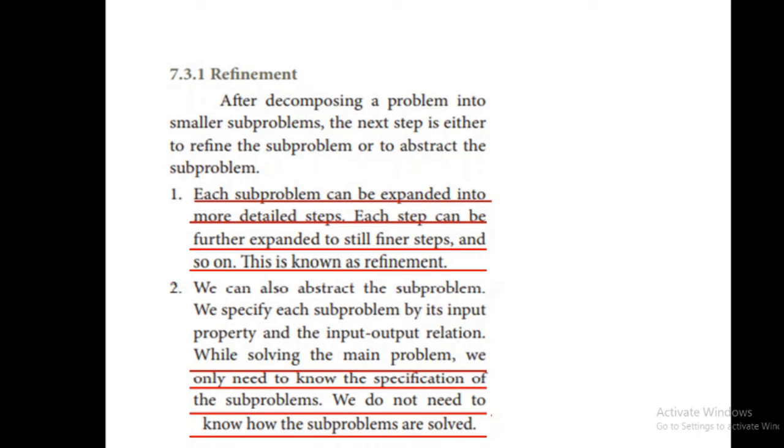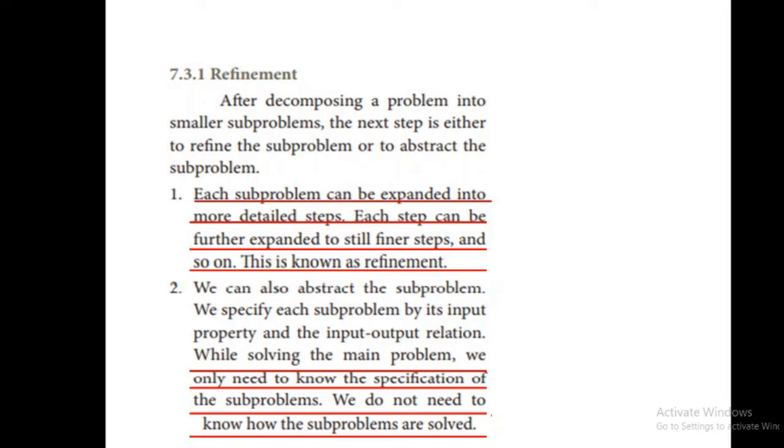After decomposing a problem into smaller problems, the next step is either to refine the subproblems or to abstract the subproblems. Each subproblem can be expanded into more detailed steps, each step can be further expanded into still finer steps, and so on. This is known as refinement.